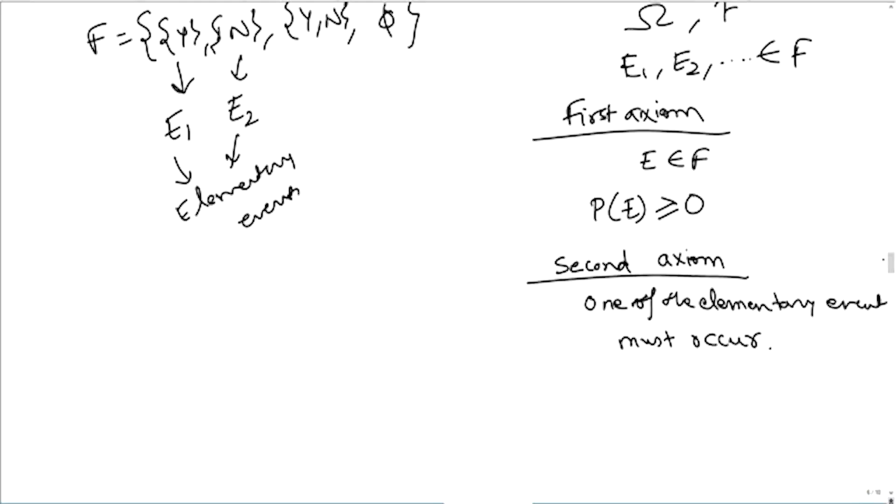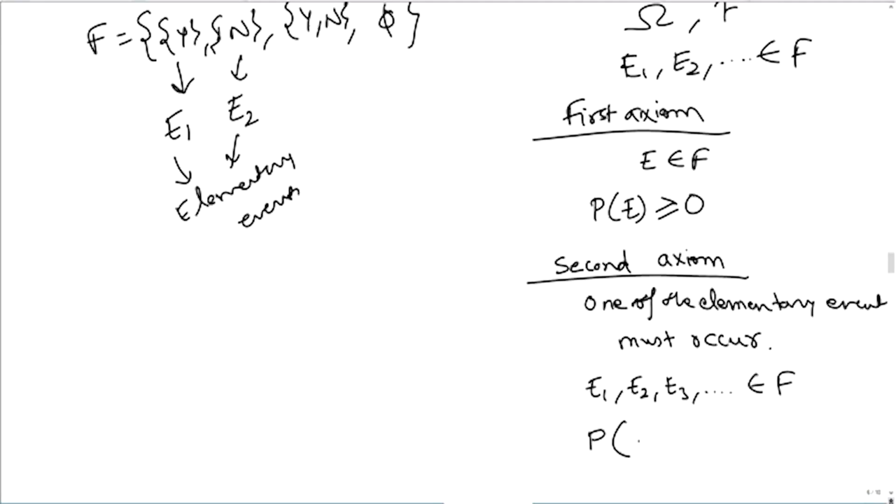Okay. So, what does that mean? Well, if you have, let us say, elementary events E1, E2, E3 and so on in your event space, then one of them must occur. That means that the probability that at least one of them occurs should be equal to 1.